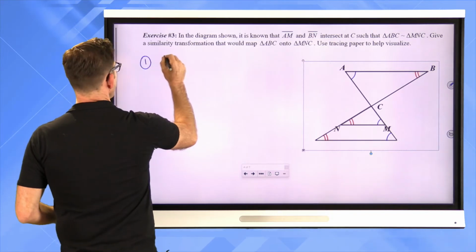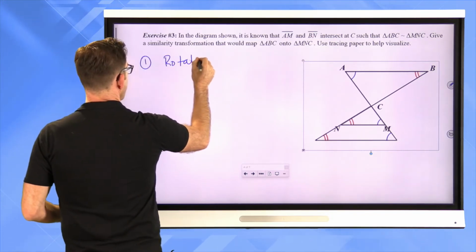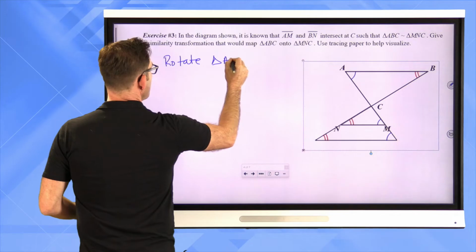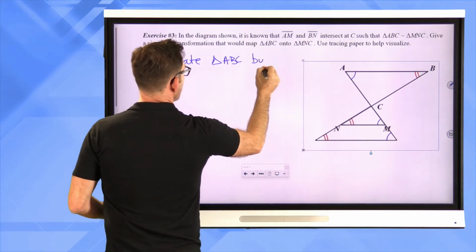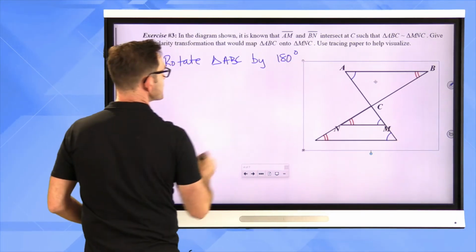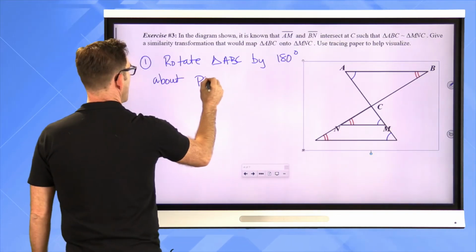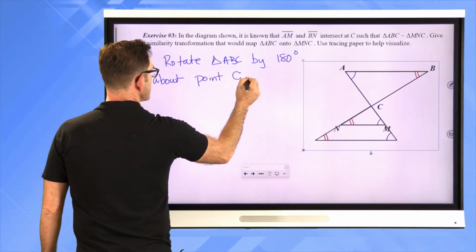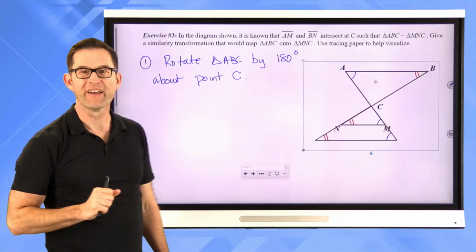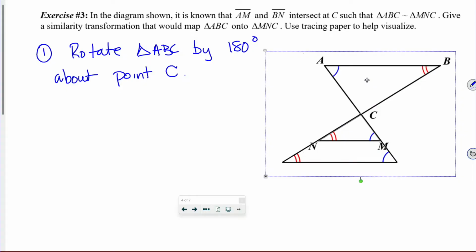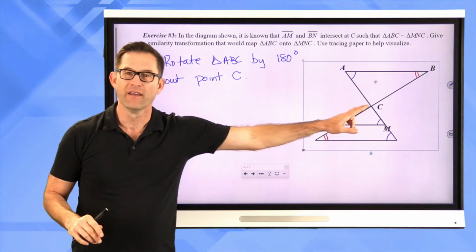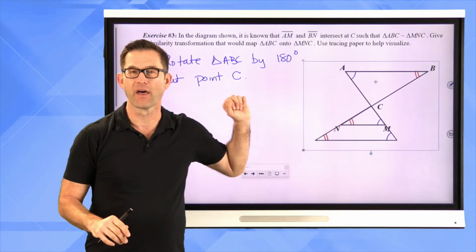I'm going to rotate triangle ABC by 180 degrees, so there's a rigid motion, about point C. And of course then what we end up getting is that picture that we've gotten quite a few times already, that triangle embedded within another triangle.